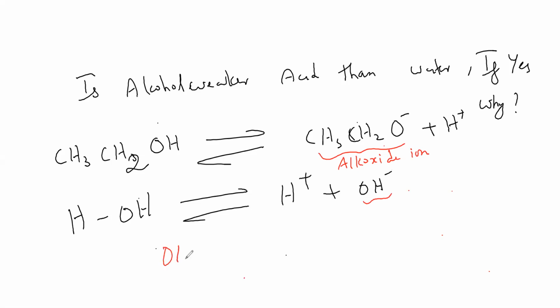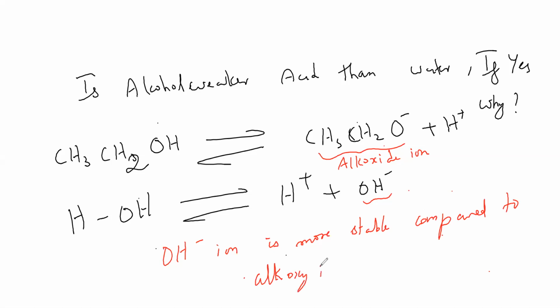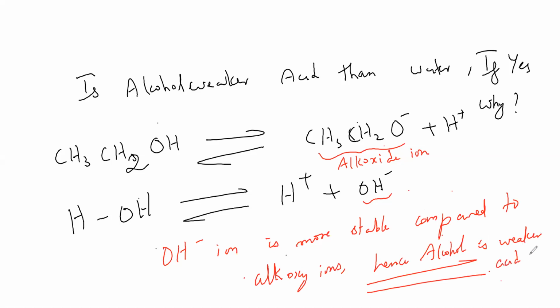OH minus ion is more stable compared to alkoxide ions. Hence, alcohol is a weaker acid than water. Please write down this thing. At least take a screenshot and keep it. If you're done, let me know.